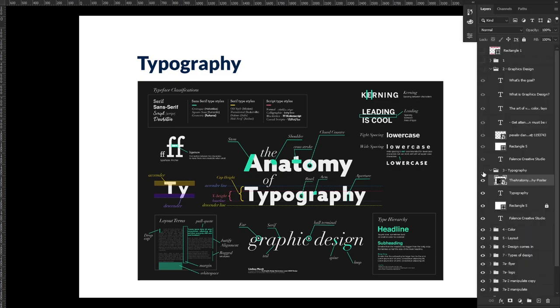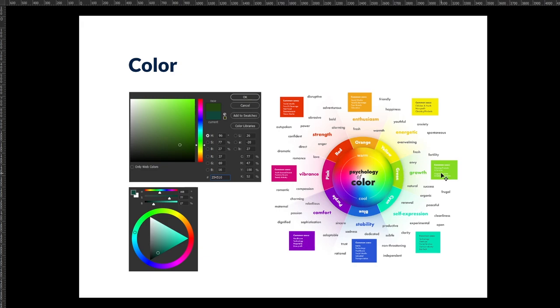So we also mentioned color. As a graphic designer, you need to know how to use color, how to play with hues, understanding the emotional and psychological cues of colors, understanding color psychology, understanding how to harmonize colors, and so on and so forth.